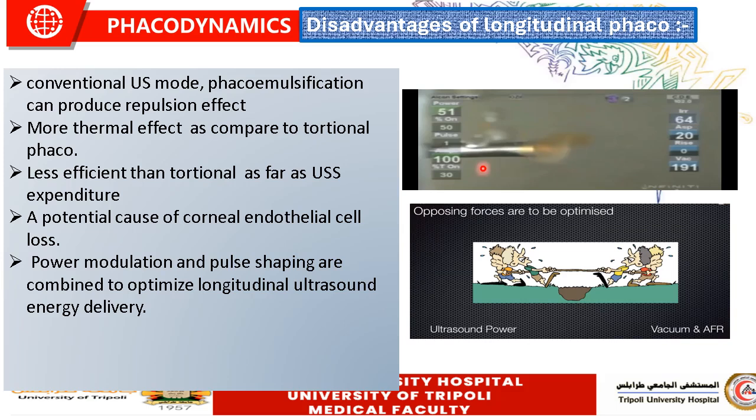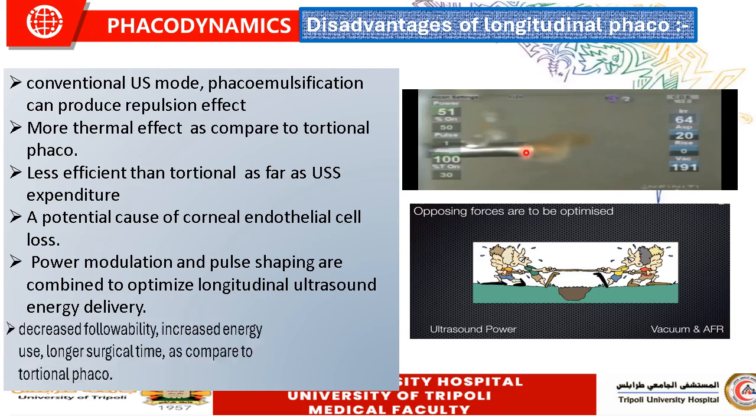By modulation, I mean that we need to modify the delivery system of the ultrasound, and instead of continuous ultrasound, we shift to pulse ultrasound or burst ultrasound or micro pulse or cold phaco. However, in the torsional or horizontal phacoemulsification, we don't need that much modulation as we need in the longitudinal phaco.